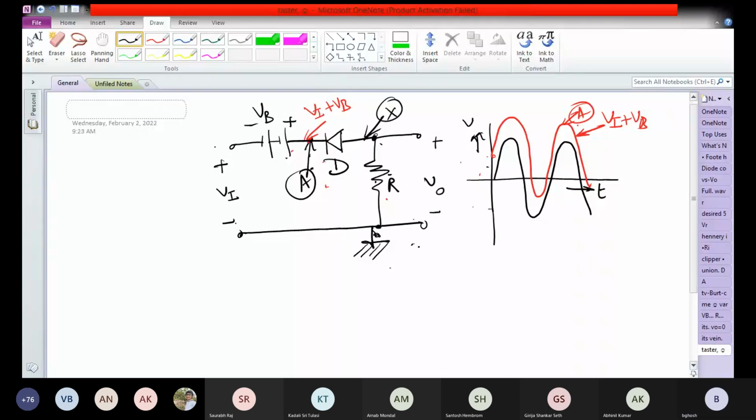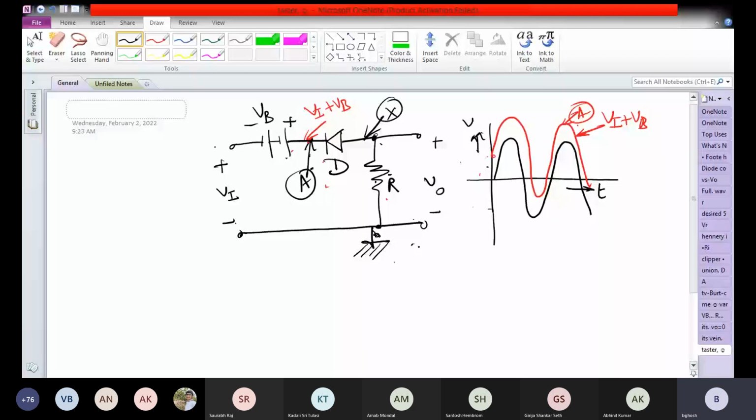When the voltage at point A becomes less than 0, the diode conducts and the voltage at the output becomes equal to the voltage at point A. But whenever the voltage at point A tries to rise above 0, the diode D switches off, and the voltage at point X will be the same as the ground potential, because the drop across R is 0.